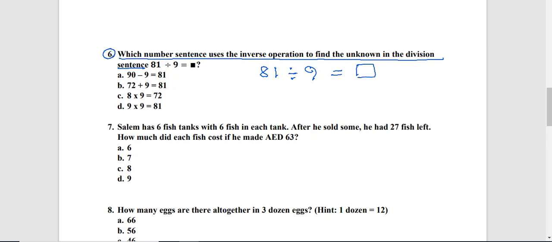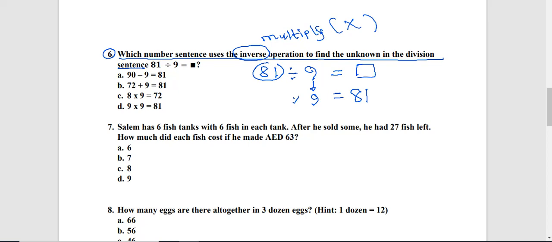If it's talking about an inverse operation, then the inverse operation for division is multiplication. So if 81 is divided by 9, in the case of multiplication, that's going to be our result. The 9 remains the same here.